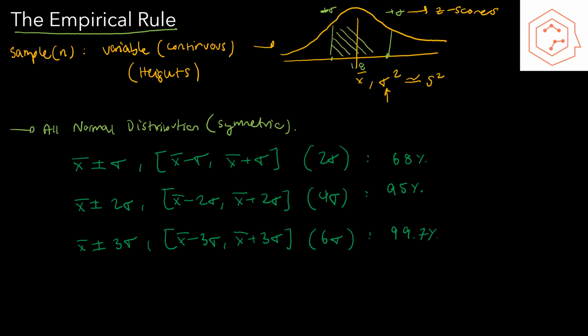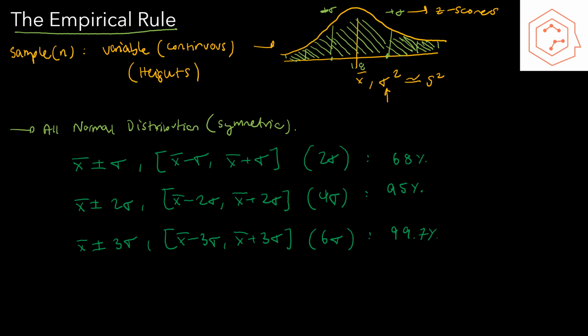The area under the curve over here would represent 68% of all the points for both the sample and presumably, if the sample is good enough, for the population as well. If we extend it to 2 standard deviations, we're looking at 95% of all data points, and if we go as far as 3 standard deviations, we're looking at 99.7% of all data points, essentially your entire range.